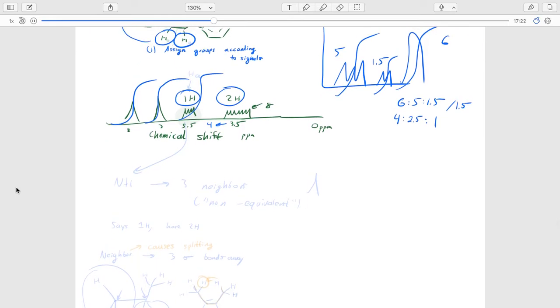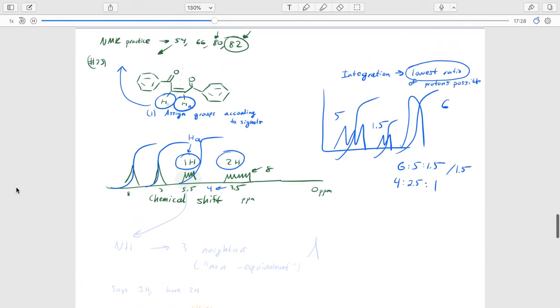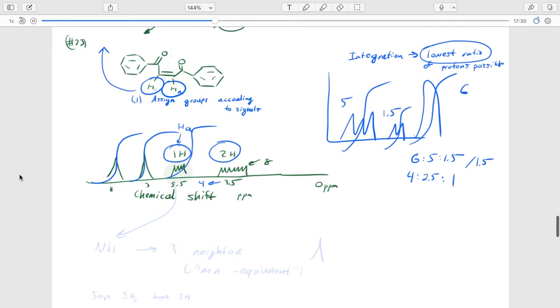So this hydrogen I'll label as HA. So here's HA. Uh-oh, what's the problem there? Just by looking at that, we see that this is not a valid NMR for this species.